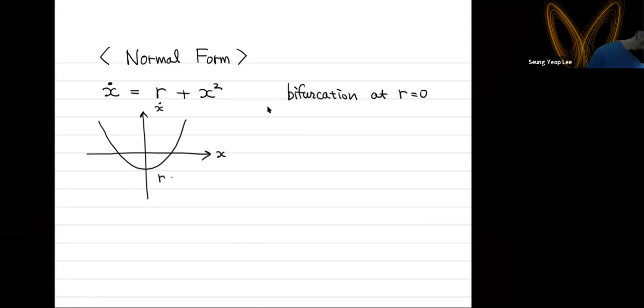So when r is negative, we have such a graph, which means that the points where x dot is 0 are fixed points. This is an unstable fixed point, and the left one is the stable fixed point.